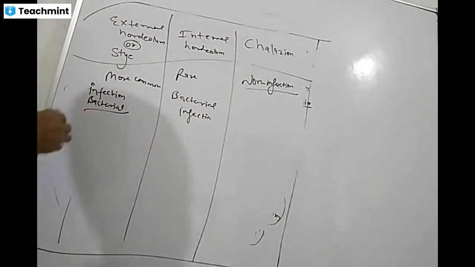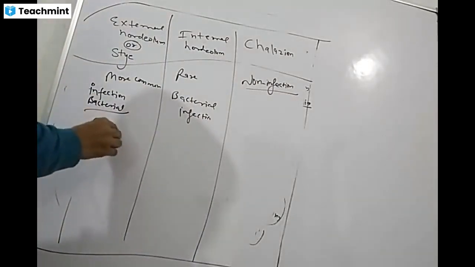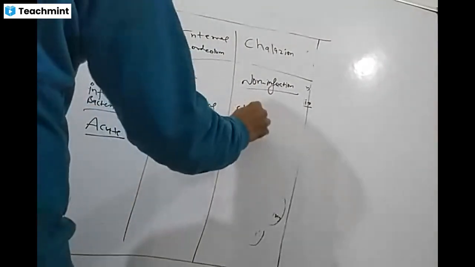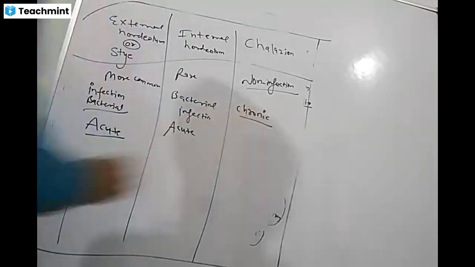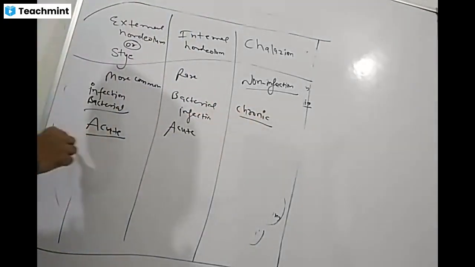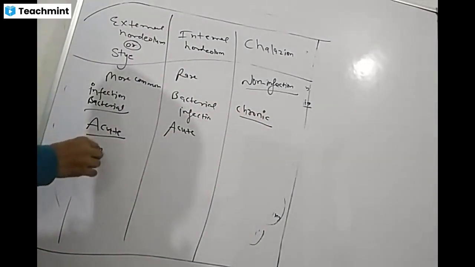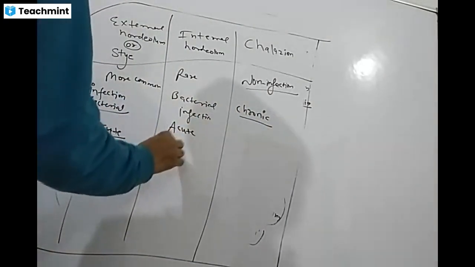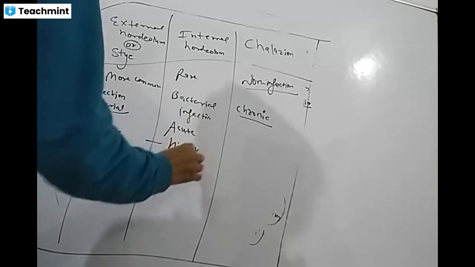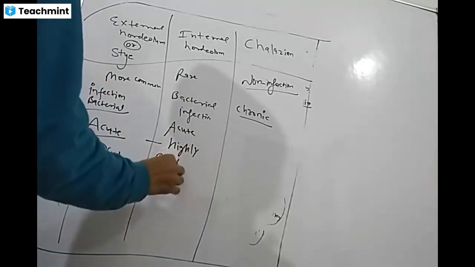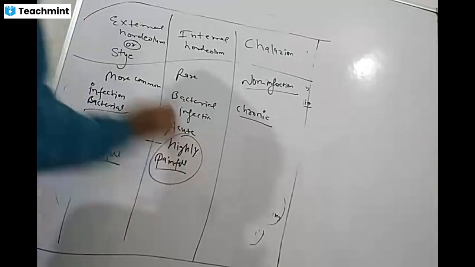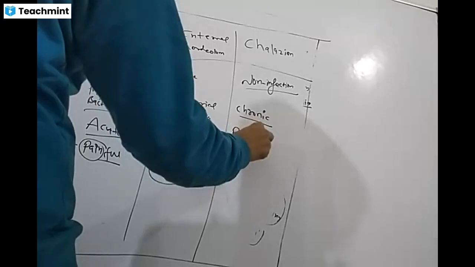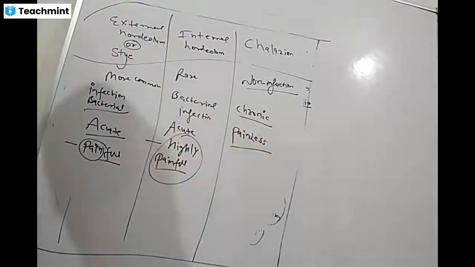Staphylococcal bacteria. External is an acute infection. Internal is also acute. Chalazion is chronic in nature. If it is acute inflammation, it means it will give you pain. External is painful, internal is also painful, but highly painful. Internal hordeolum is more painful than the external. Chalazion is a painless swelling. There is no pain.